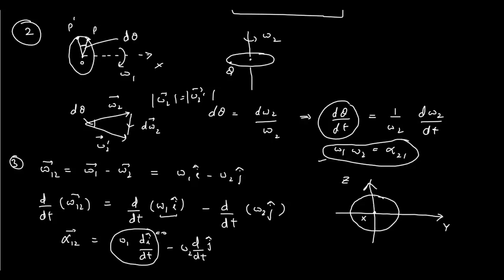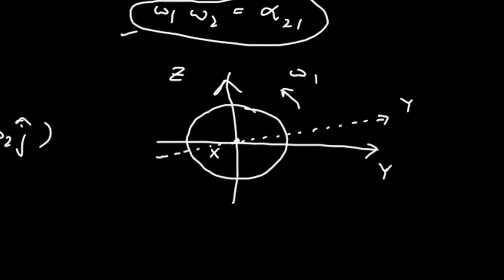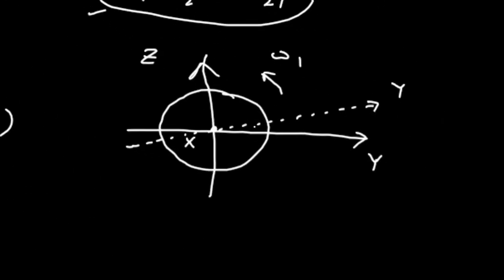Now this object 1 is rotating with an angular velocity omega 1. Now as this object rotates, consider this rotation of y-axis. Clear? Now suppose this variation in the orientation of this axis is, say, d theta, and this d theta is very small, and j cap is in this direction, so this is also the direction of j cap.